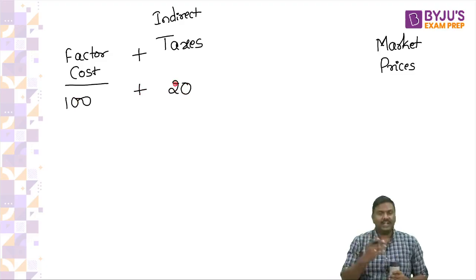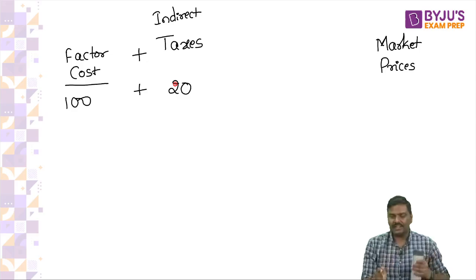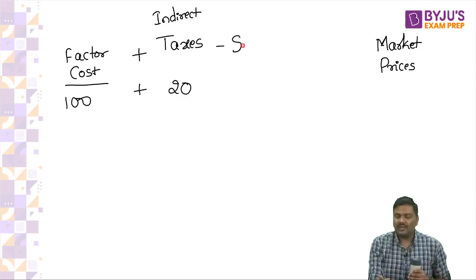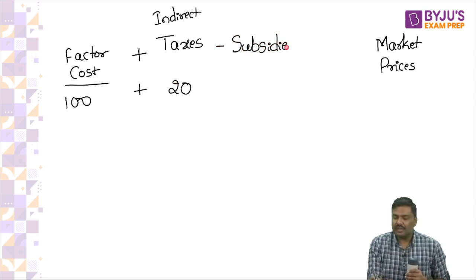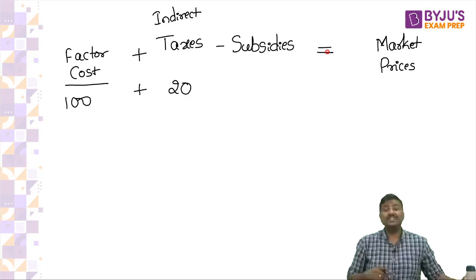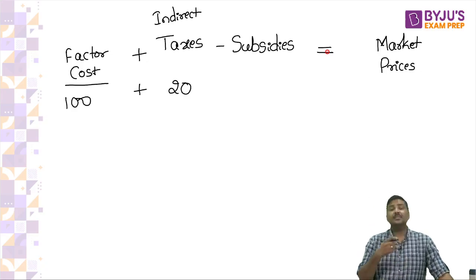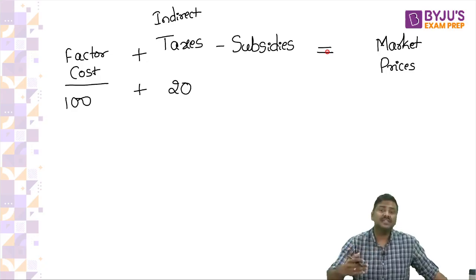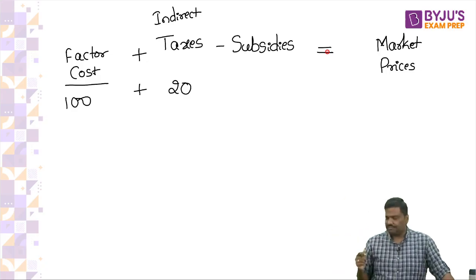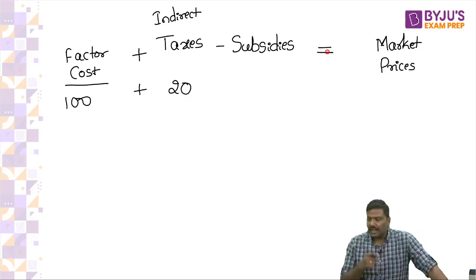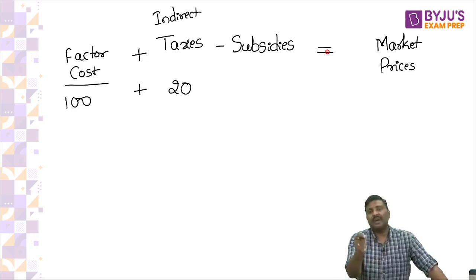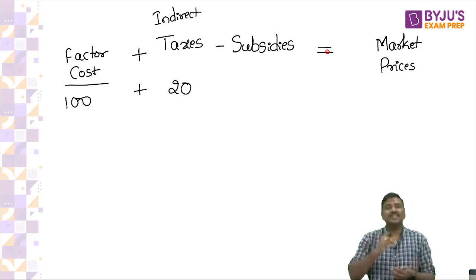But apart from the taxes, the government may also give you subsidies. Possible? Now, what is a subsidy? As of now, please understand, a subsidy is an assistance given by the government. Sir, what do you mean by assistance?